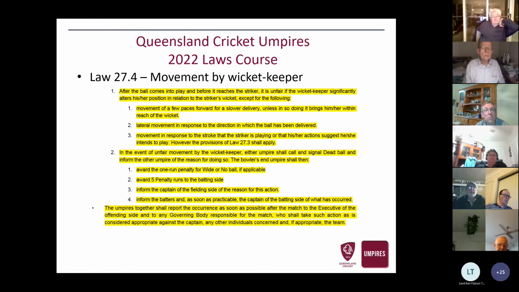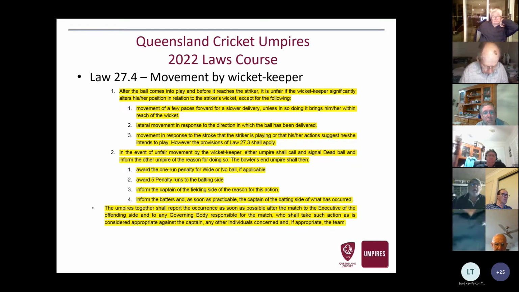27.4 is a change under the 2022 rewrite of the laws. So after the ball comes into play and before it reaches the striker, it is unfair if the wicketkeeper significantly alters their position in relation to the striker's wicket, except for the following.